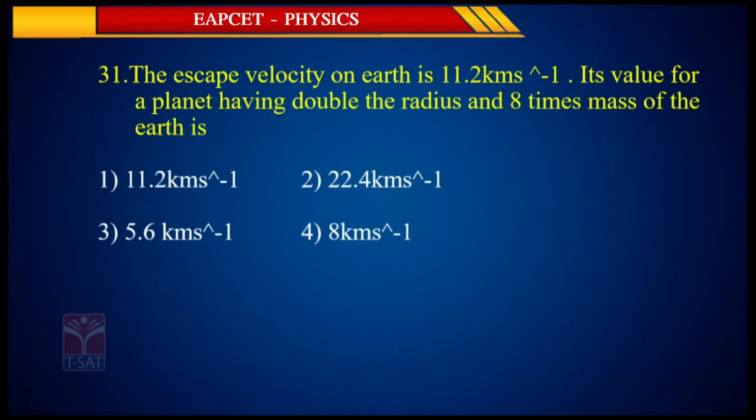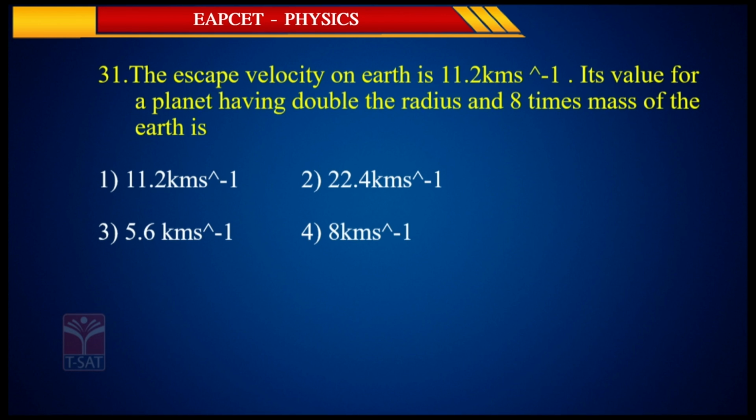The escape velocity on earth is 11.2 kilometer per second. What is its value at a planet having double the radius and 8 times the mass of the earth? You know what the escape velocity is. Okay children, what is the escape velocity formula?